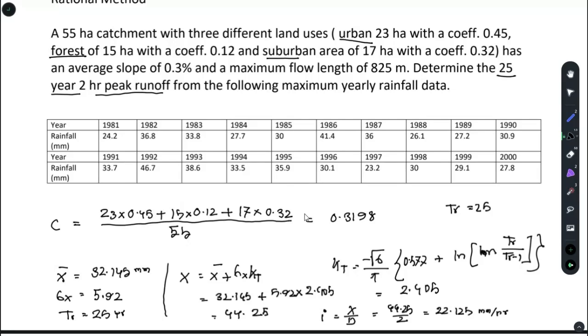So you have rainfall intensity for a 25 year return period, and you have a slope of 0.3%, and a maximum flow length of 825 meter.